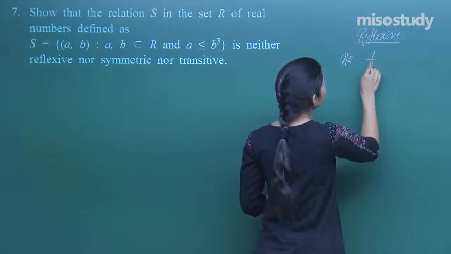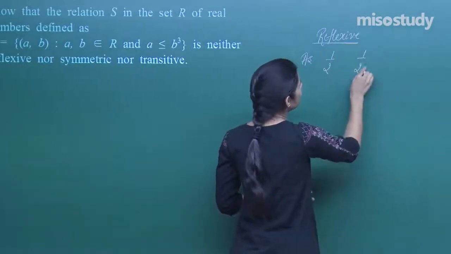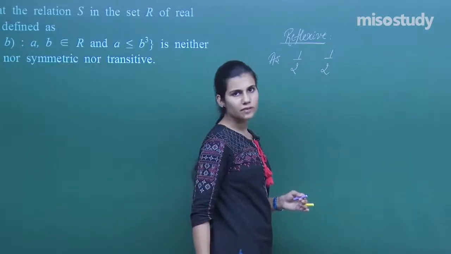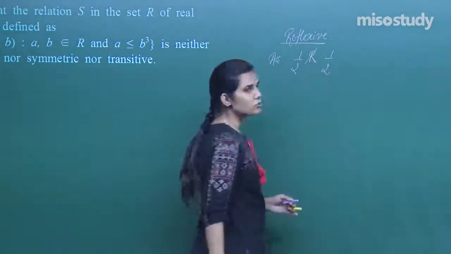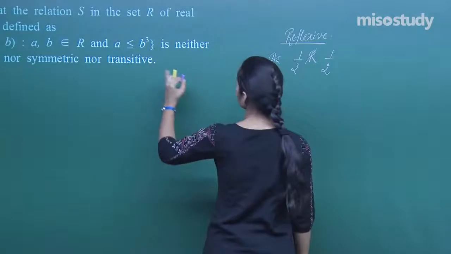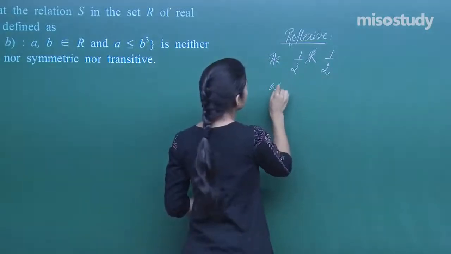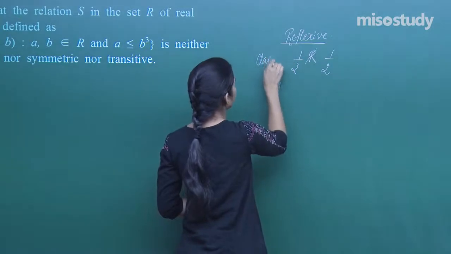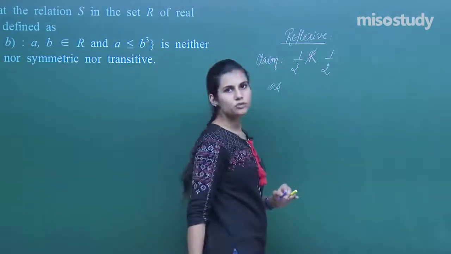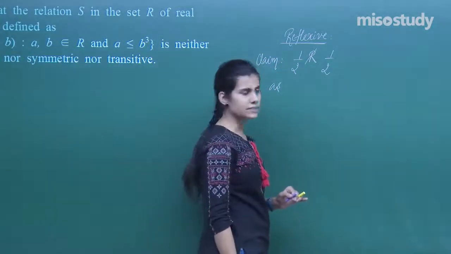I am saying 1 by 2 and 1 by 2. 1 by 2 should be related to 1 by 2 if the relation is reflexive, but 1 by 2 is not related to 1 by 2 under the relation R is what I am trying to say. So basically I am going to claim 1 by 2 is not related to 1 by 2 and therefore the relation is not reflexive.